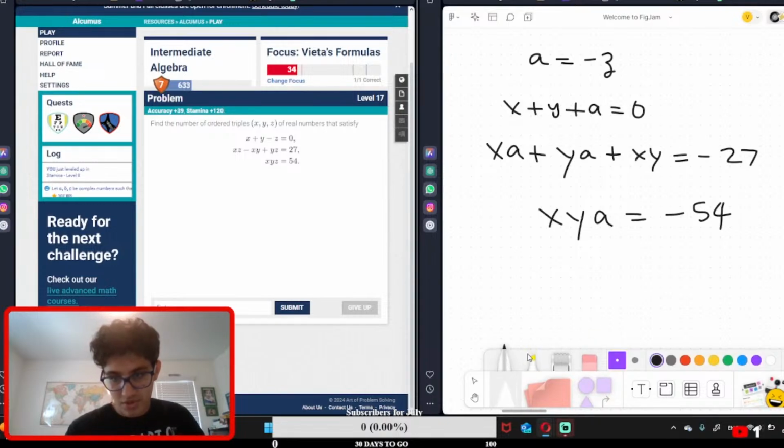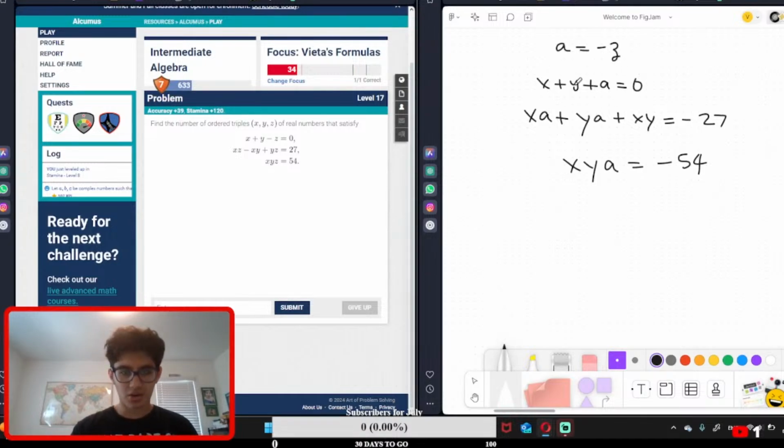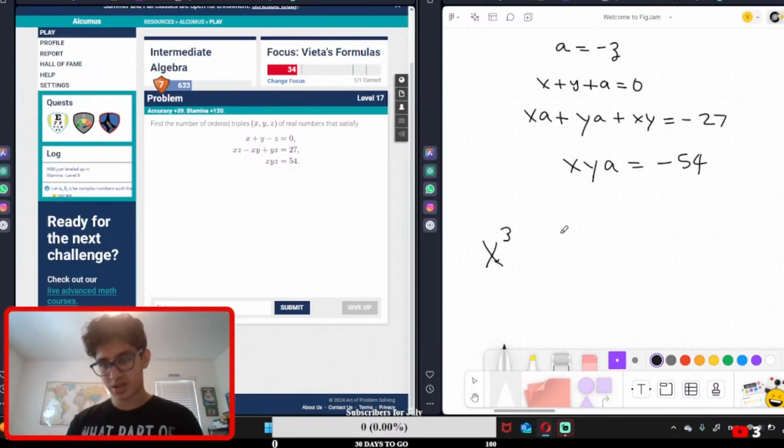Okay, we've got our same Vieta's formulas stuff now. Now ignore the xyz variables here. Let's instead go to just x. Let's just create a new function now. x cubed. This sum is going to be negative, so it'll be, oh, there is no negative. This is a bit weird.